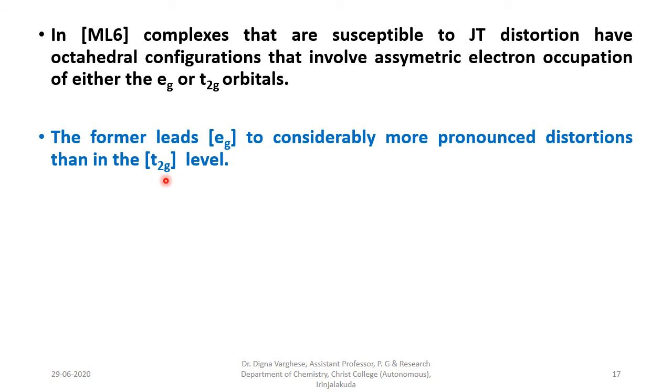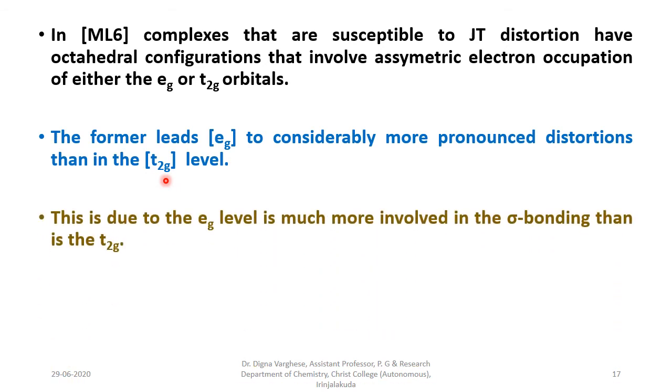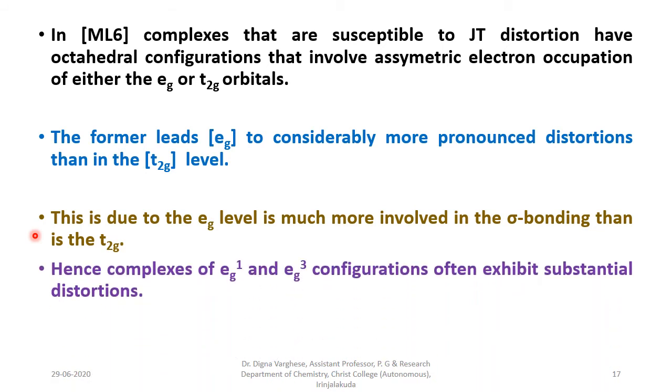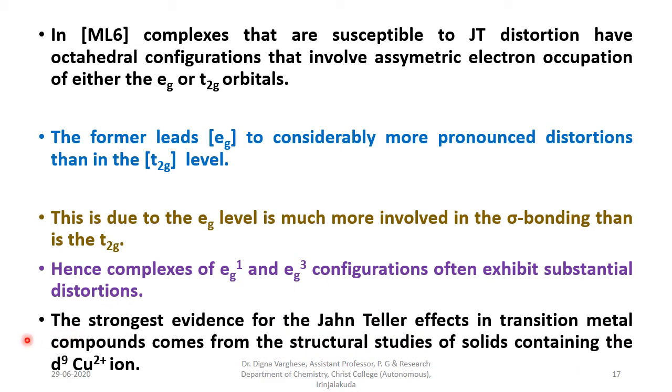If the Eg level is more asymmetrically filled than the T2g level, distortions are more pronounced. This is because the Eg level is much more involved in sigma bonding than the T2g orbitals. Hence, complexes with Eg1 and Eg3 configurations often exhibit substantial distortions.